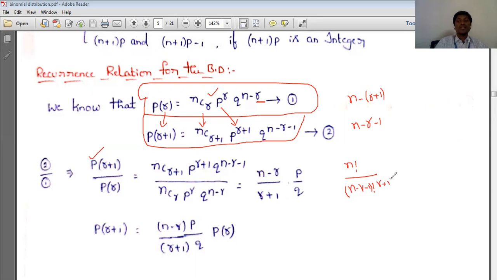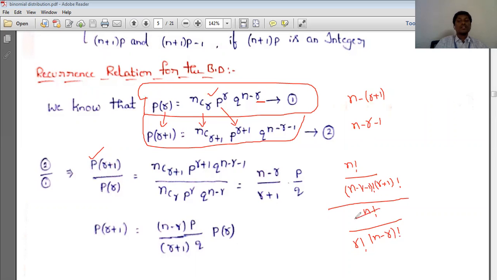And nCr is n factorial by r factorial times (n minus r) factorial.